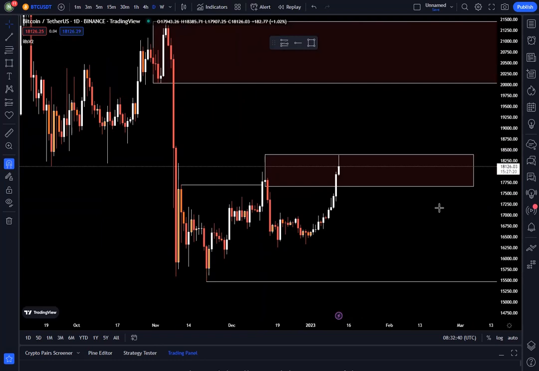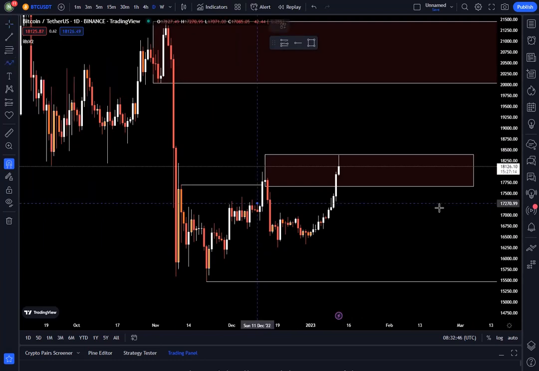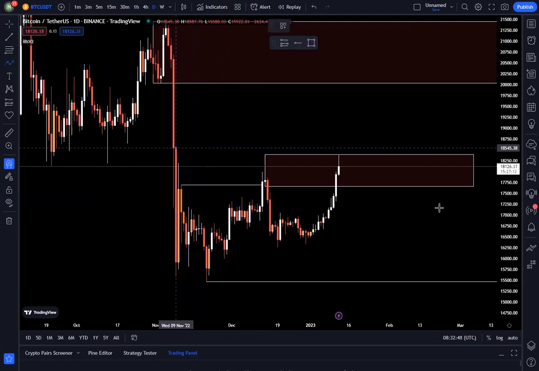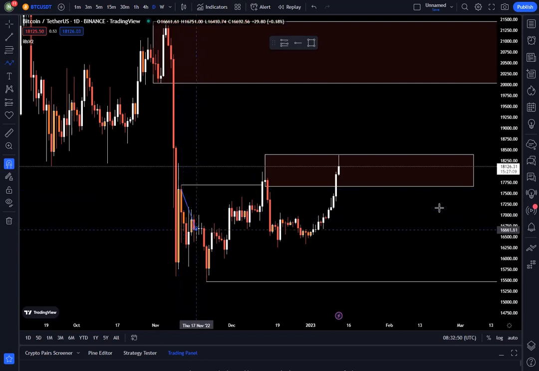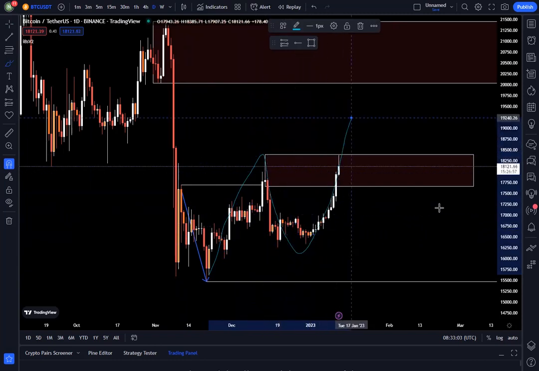So the new structure you're going to actually see is this. Let me show you the new structure. You see, this is this, this is this, and then the next thing you're seeing is this, and this, and then this, right?